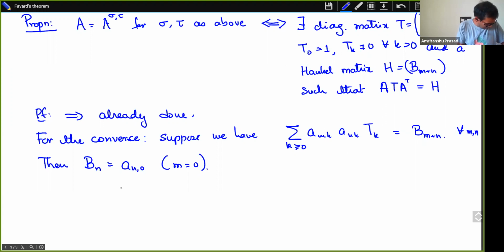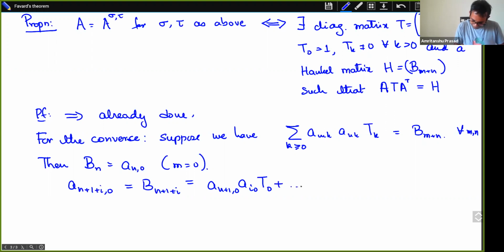So what we also have is that A_(n plus 1 plus i, 0), well, this is B_(n plus 1 plus i). This is A_(n plus 1, 0) A_(i, 0) T_0 plus up to A_(n plus 1, i) T_i.